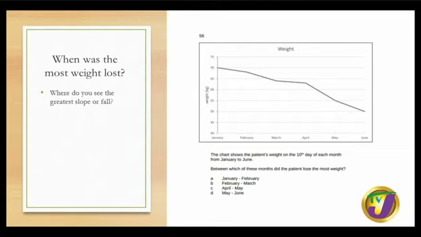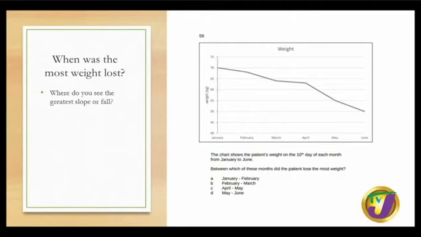If you look from January to February, it's a slight slope. Let us look from February to March. It's a little bit more than January to February. But let us take a look at April to May. You see that? It's a very distinct slope.